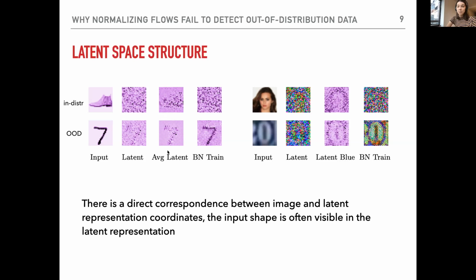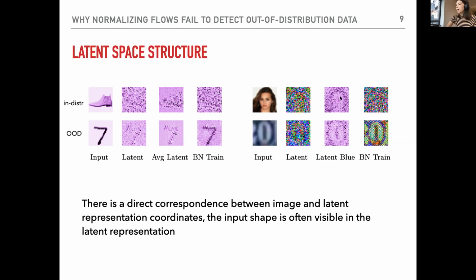And another interesting observation is that if we use batch norm in RealNVP in the train mode instead of the test mode, so that would correspond to taking the current batch statistics versus taking the accumulated statistics, we can very clearly see the input in the latent space only for out-of-distribution, but not for in-distribution images.